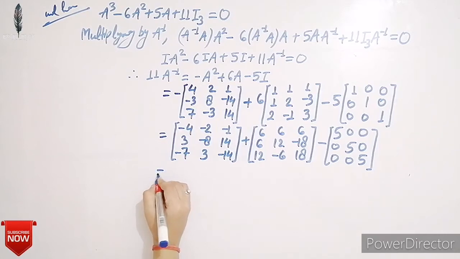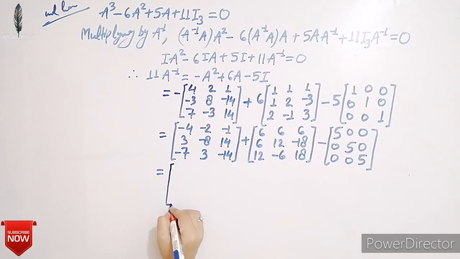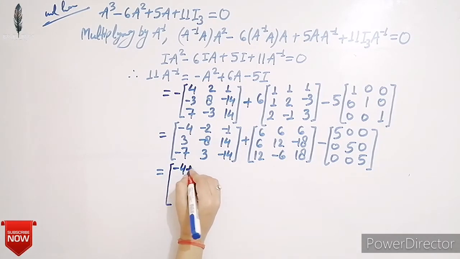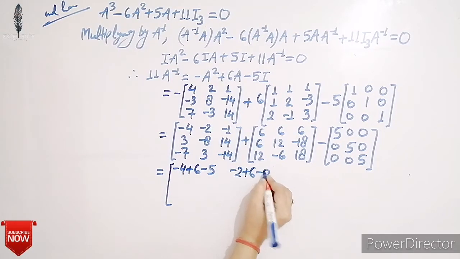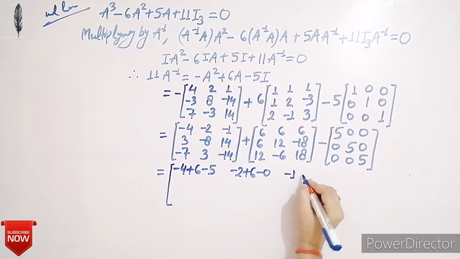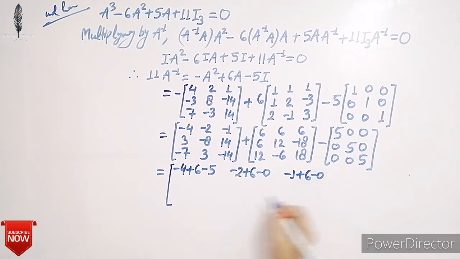On solving the corresponding elements, in the first row we have minus 4 plus 6 minus 5, minus 2 plus 6 minus 0, minus 1 plus 6 minus 0.